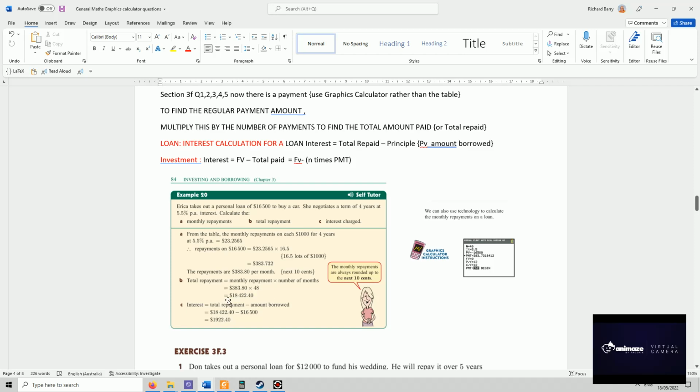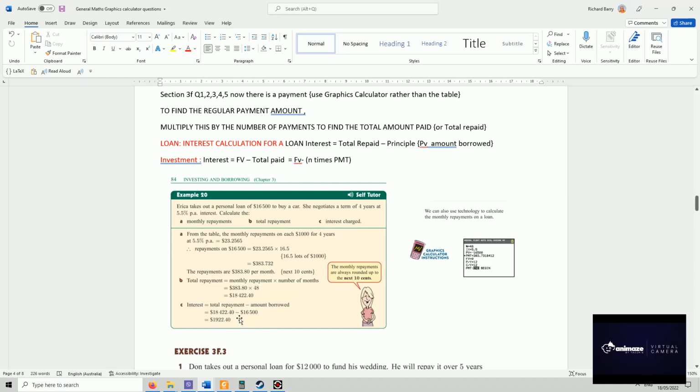Right, so if I paid 18,422, and it only cost me 16,500 to buy, how much extra did I pay? Now we agreed in this situation, I borrow so much money and I pay back more. That's what the interest is.